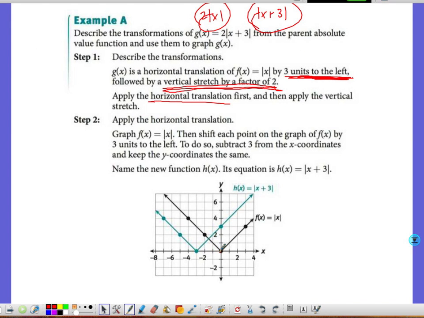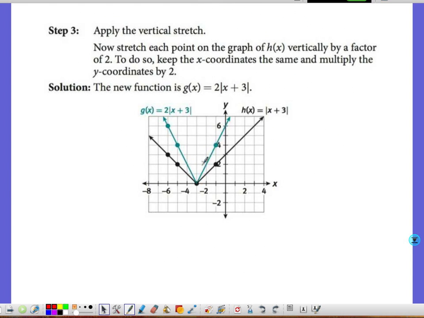And so that's what we do here. We move it to the left 3 units, and then after we move it to the left 3 units, we can go ahead and apply the vertical stretch, which means to basically have a slope of 2, which is to rise 2, run over 1, rise 2, run over 1. And so my graph looks something like this, which is what we end up here.